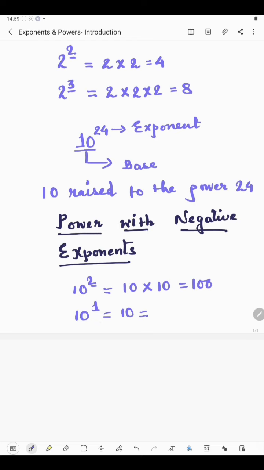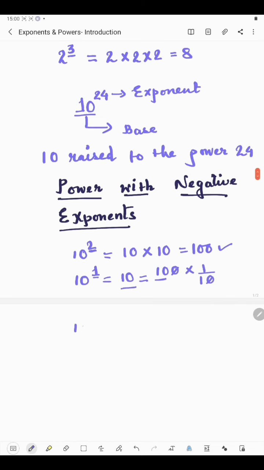Always remember, when the exponent decreases by 1, the value becomes 1/10 of the previous value. The previous value was 100, and 1/10 of this is 100 by 10. If you cancel the 0, you will get 10. So here it is 10, okay.